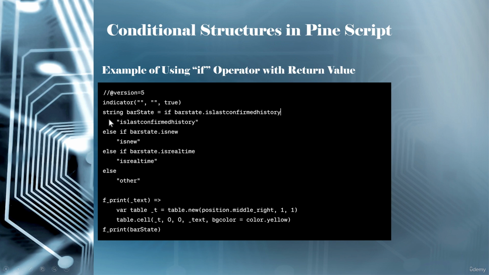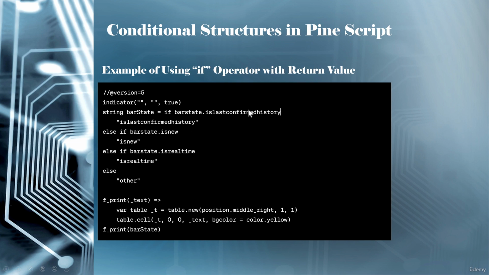In this case, we declared a string variable barState, and we assign to that barState variable the return from the if operator. The if operator checks the function barstate.islastconfirmedhistory. If this condition is true, then the if operator will return the string isLastConfirmedHistory, and this string will be assigned to the barState variable.